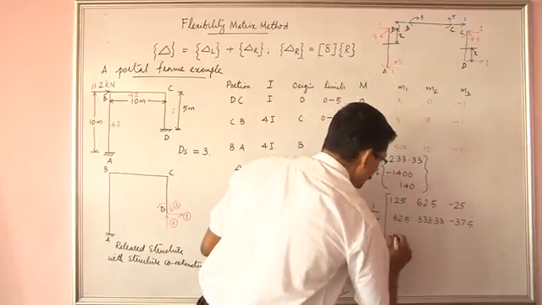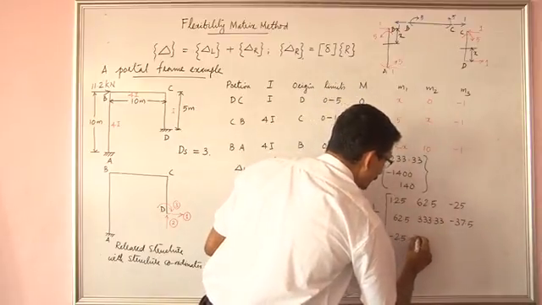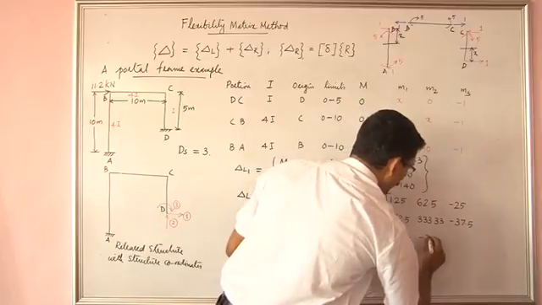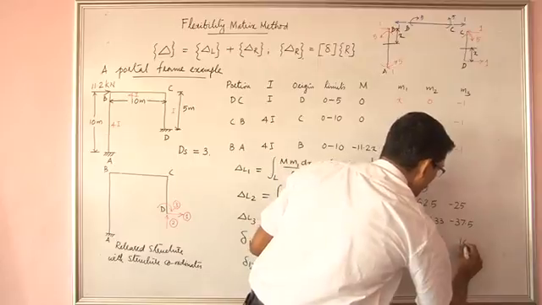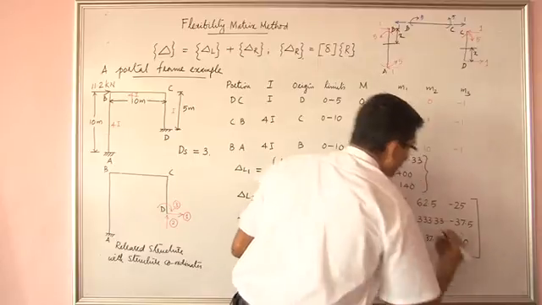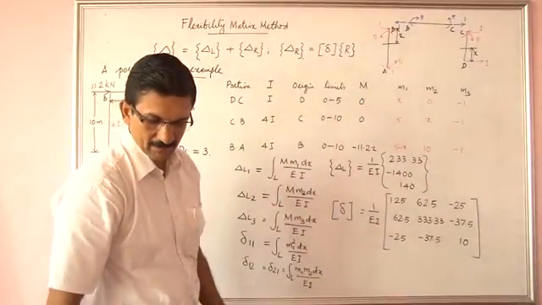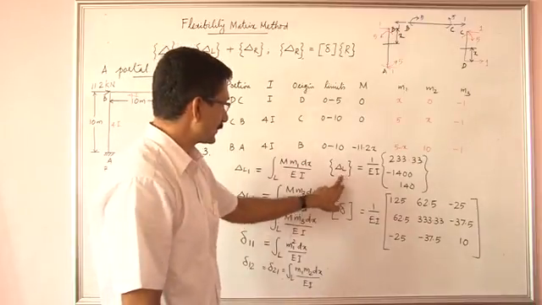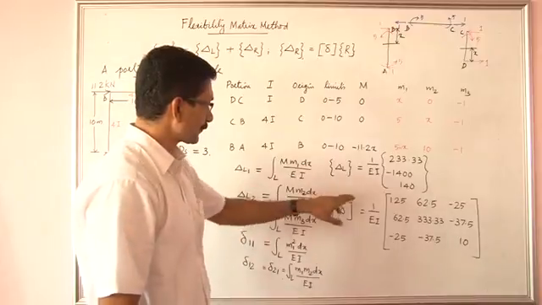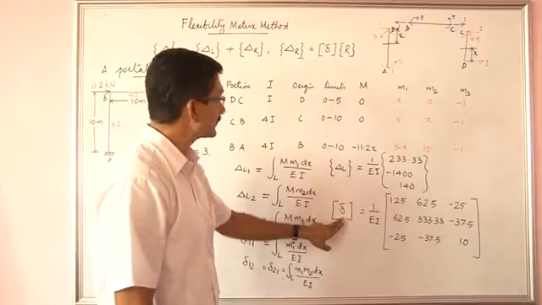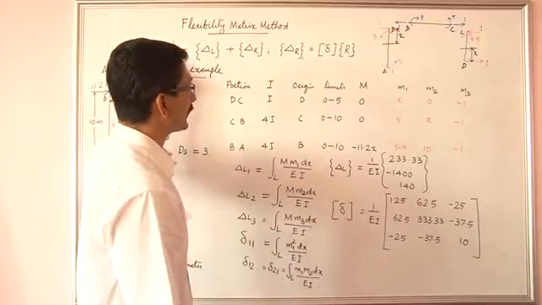This number is minus 25. This number is minus 37.5. And the last number would be 10. So we have the displacement vector due to externally applied forces corresponding to structure coordinates; the delta matrix and this delta vector are in place.